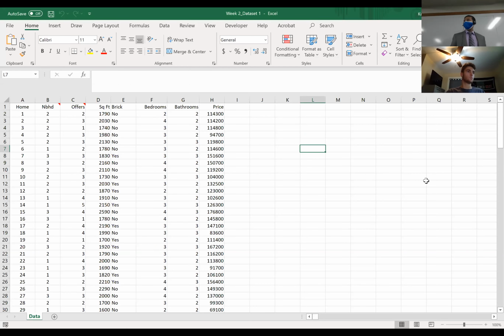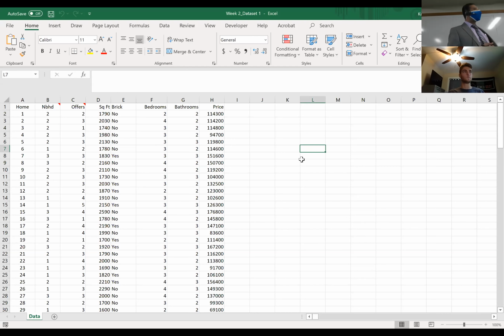So this should be the specific data set that you want to open up. Everybody has it out? So the one that has homes, the NBHD or neighborhood, offers, square footage, brick, bedrooms, bathrooms, price. Everybody with me?